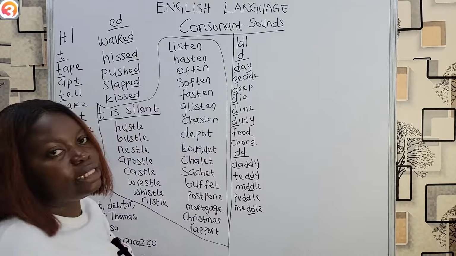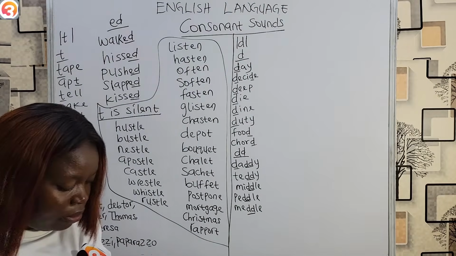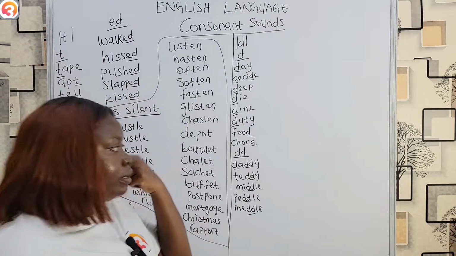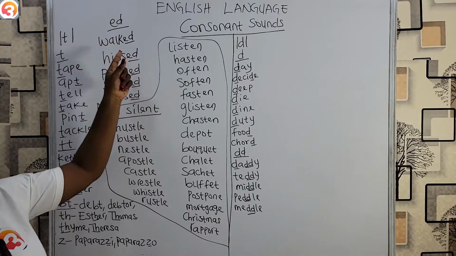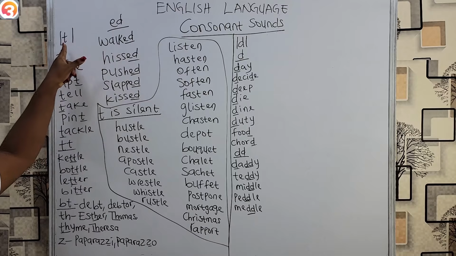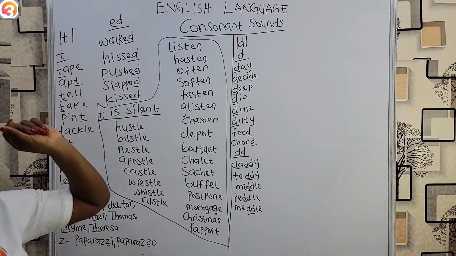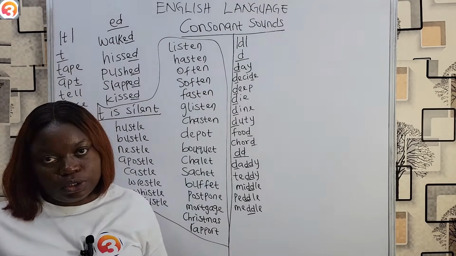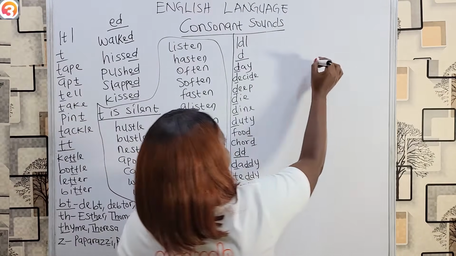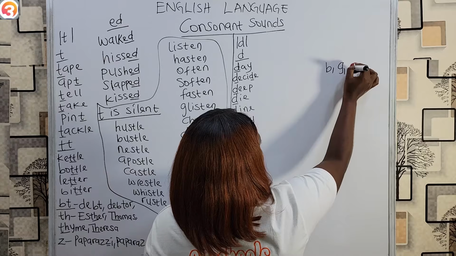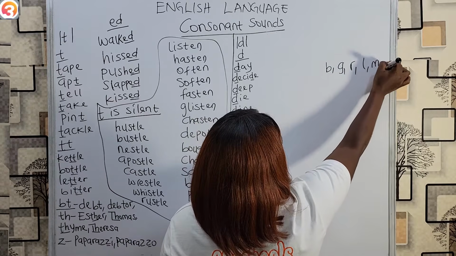These words contain the consonant sound D. Then, just as we have the ED for verbs that end in voiceless consonants containing consonant T, when the verb ends in a voiced consonant, that's consonant sound B, G, R, L, M, N.